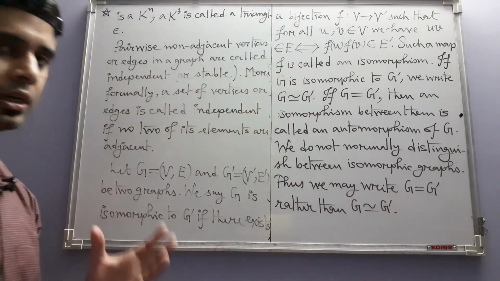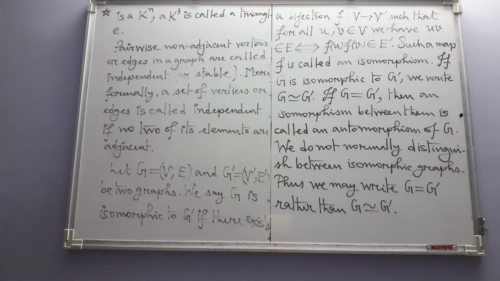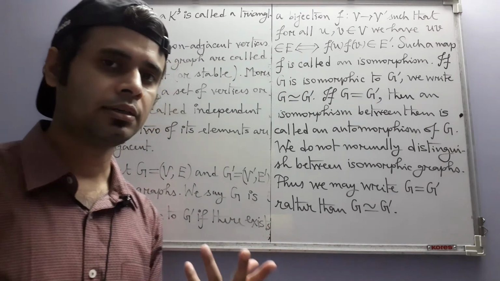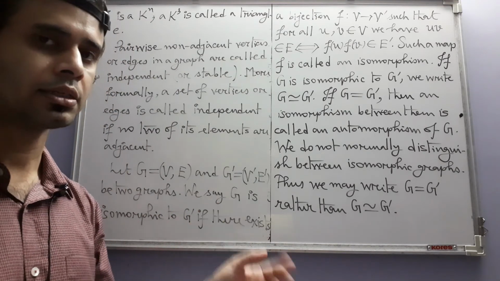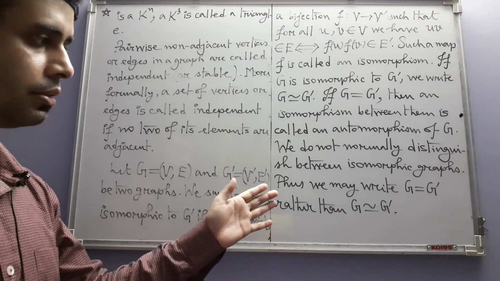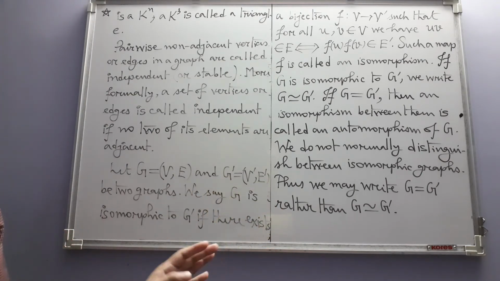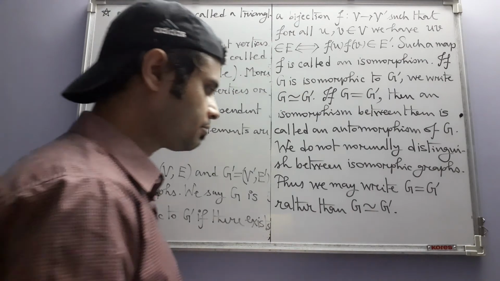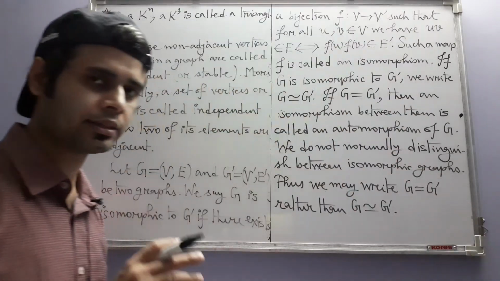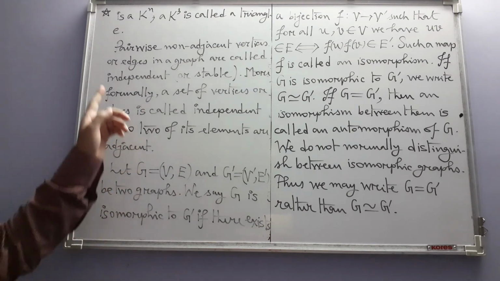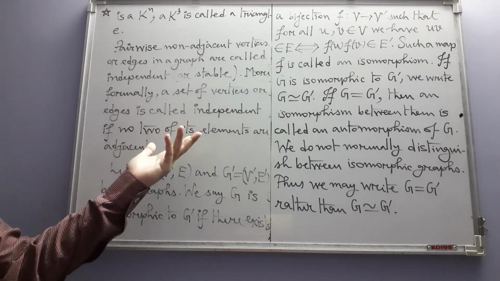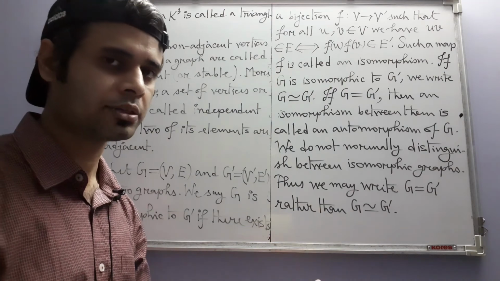So although strictly speaking G and G prime may be different graphs, if they are isomorphic we treat them as the same graph, because as far as graph properties are concerned, as far as adjacency of vertices is concerned, there is no real distinction between isomorphic graphs. They are just two ways of looking at the same information. You get my point. It's just like group isomorphism.